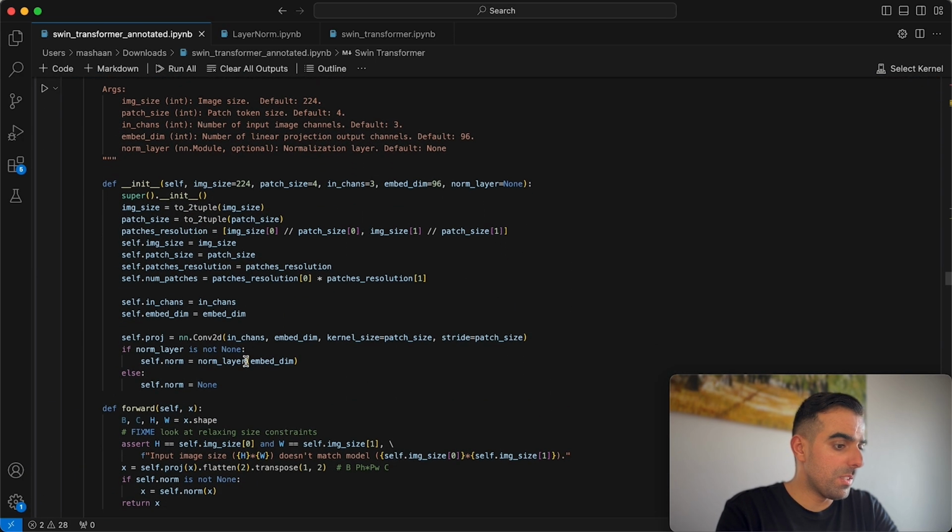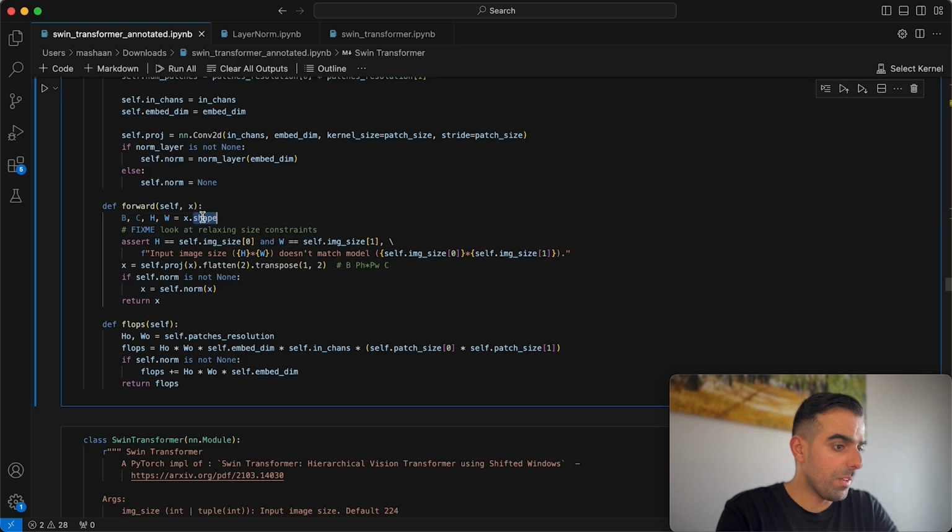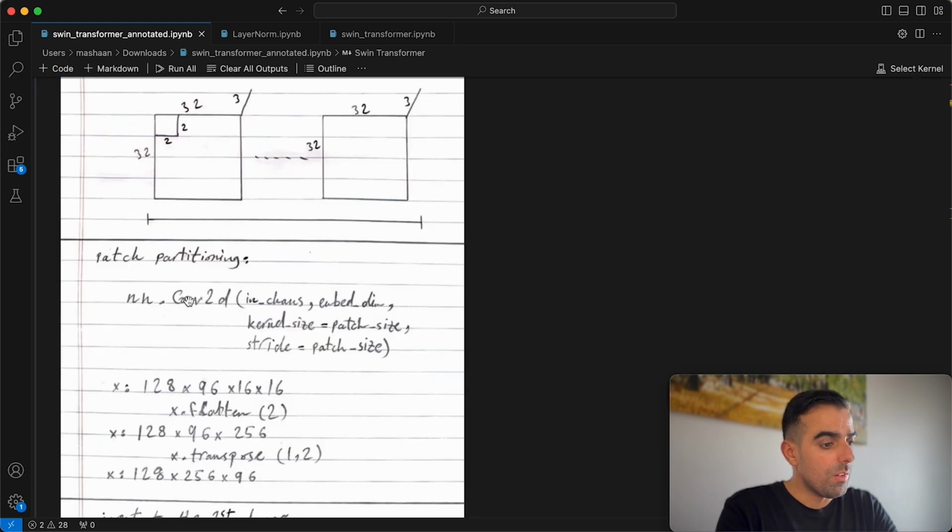Patch embedding is basically x through projection, and projection is defined as the conv2d. This conv2d will output 128 images, 96 channels, 16 width, 16 height, because 32 divided by 2 is 16. So 16 along the height of the image and 16 along the width of the image.